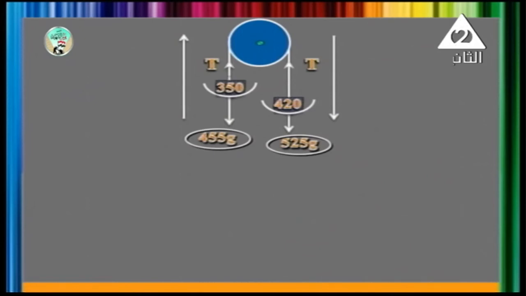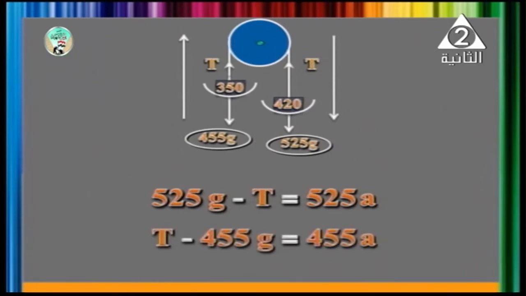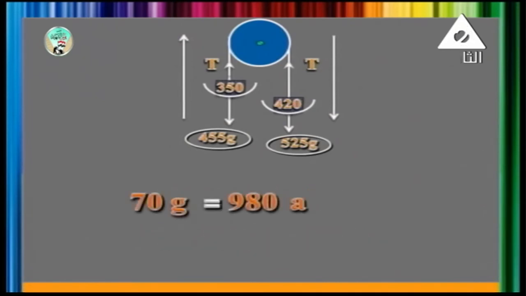Then we deduce the equations of motion: 525 gram minus T equals 525 A. The second, T minus 455 gram equals 455 A. Then find the value of A equals 70 centimeter per second square.